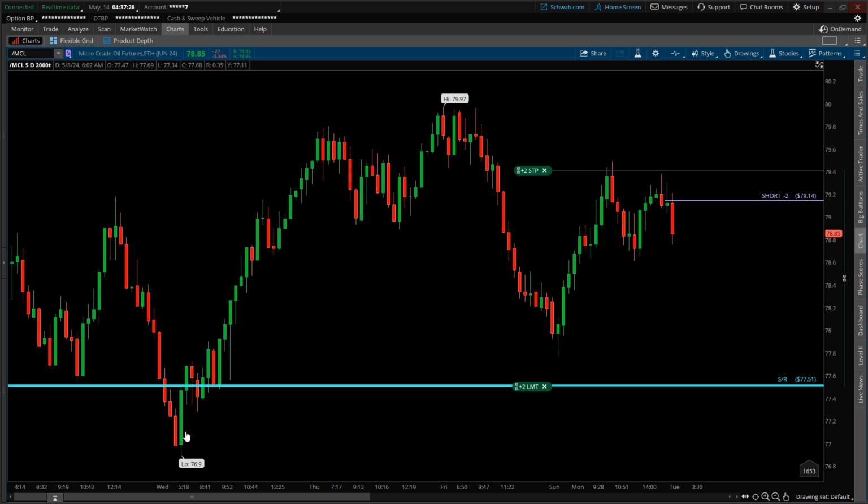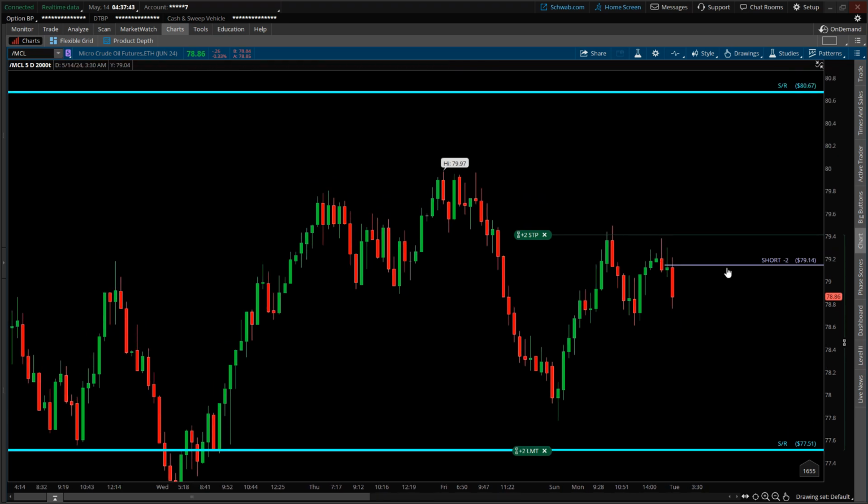Then after price bounced off this support level of 77.51, it created a 7-day high of $79.97 back on May 10th. Price has since faded to the downside, but is now essentially at the middle point of this range between these two support and resistance levels.